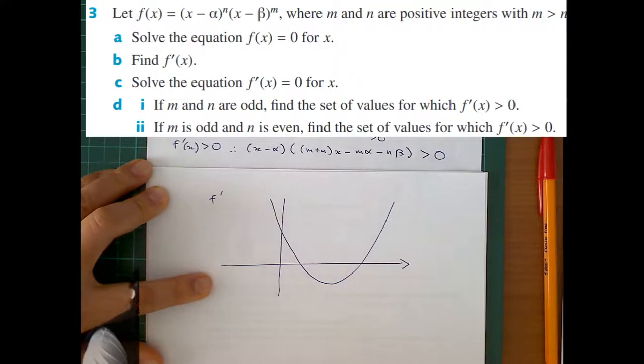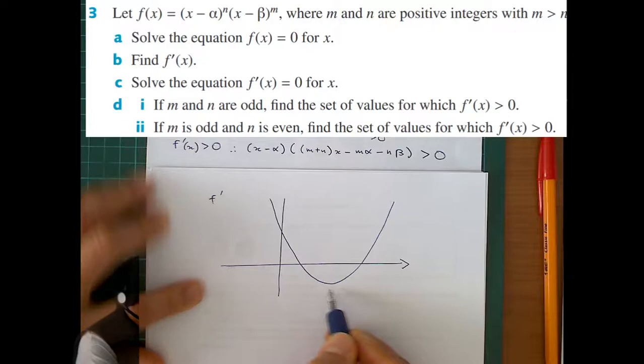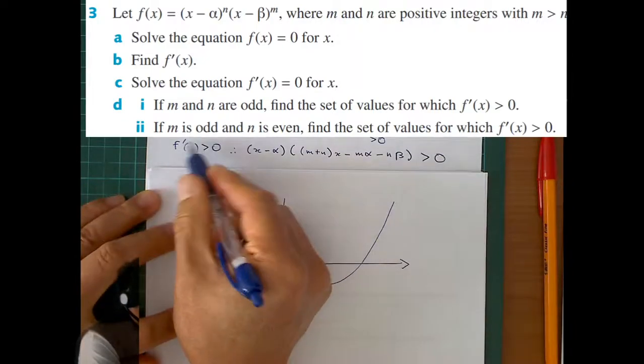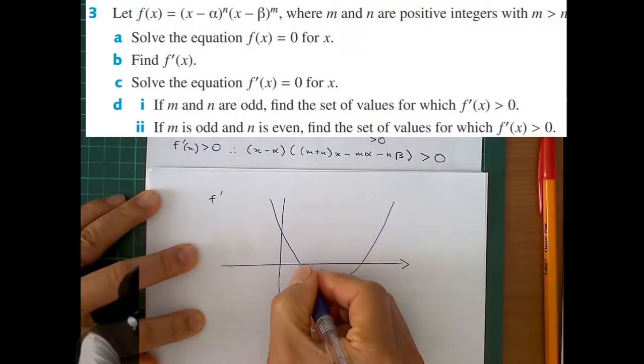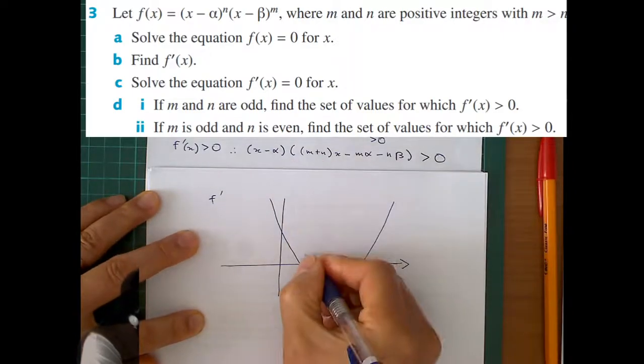Yeah, there's a minimum here, but I don't really care. What we do is we're looking for the sign of the derivative anyway. So to be positive, you have your two intercepts. One is from alpha, that's alpha.